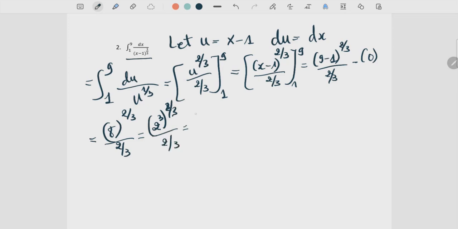And this can just be simplified to be 2 squared divided by 2 over 3, which is 4 divided by 2 over 3, which is 6. Right, so just double check that. Right, so that should be your final answer. Any questions there? This one was pretty straightforward.